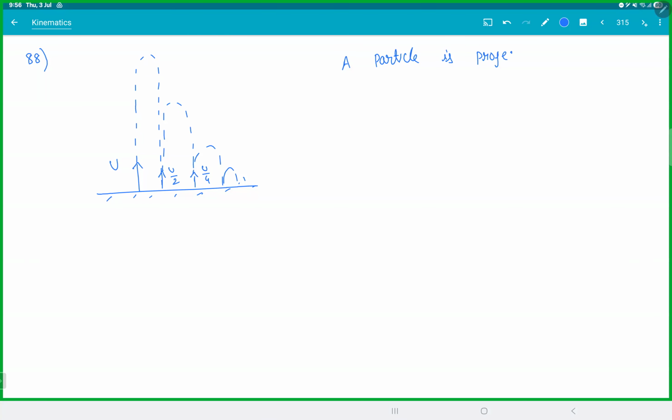A particle is projected with speed u vertically. After hitting the ground, its speed becomes half of the previous speed. After hitting the ground, it bounces back with half the speed.